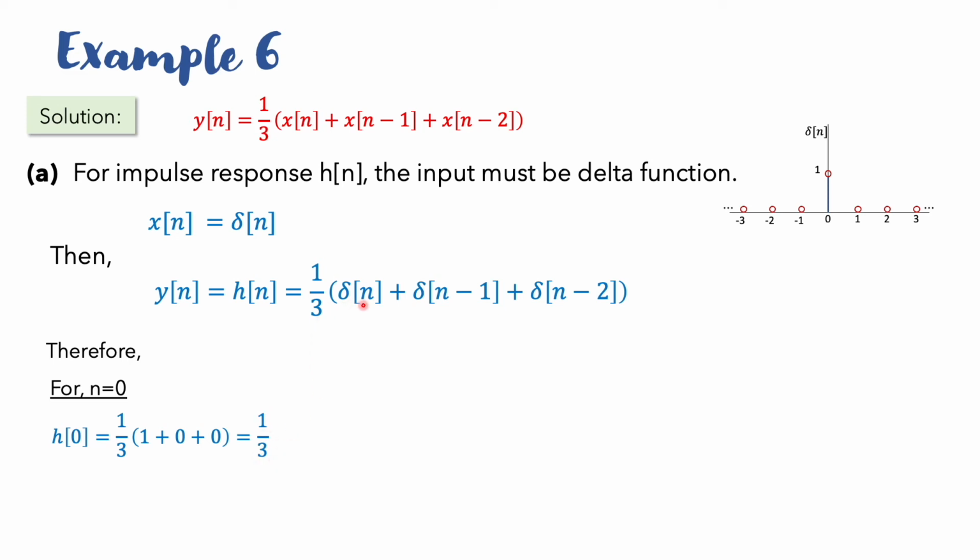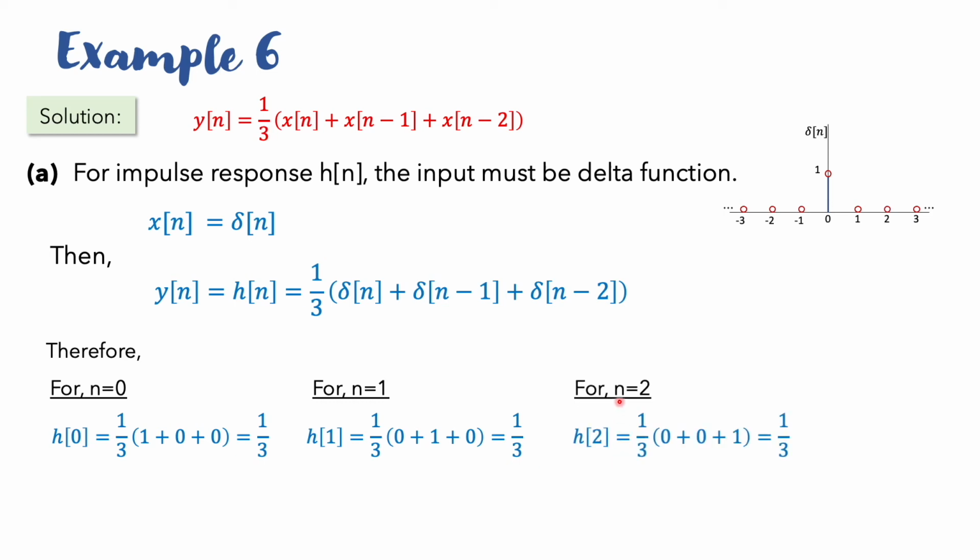Now we move to the next, n is equal to 1. For n equal to 1, this will be delta of 1, this will be delta of 0, and this will be delta of minus 1, because we are putting n equal to 1. So this sample will be 0, this sample, because it was delta of 0, will be 1, and the other 0, which gives 1 over 3.